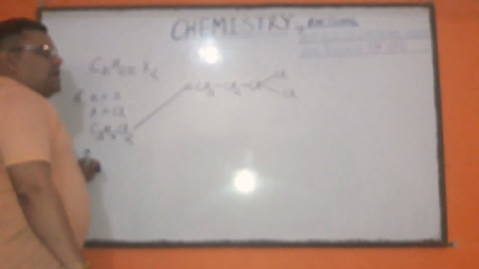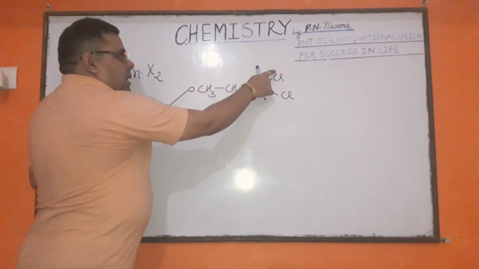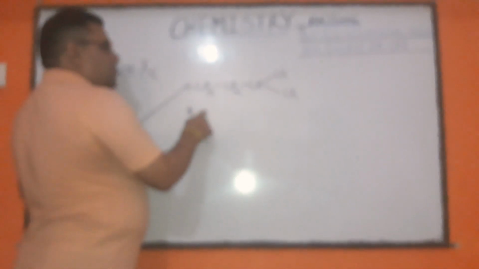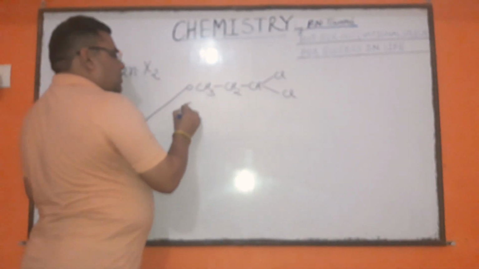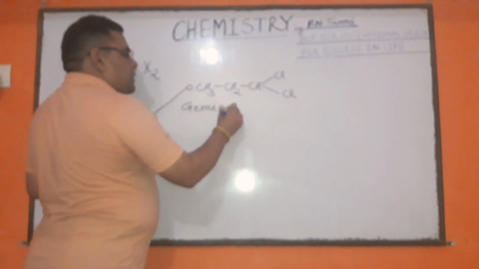In this dihalogen derivative, since both the chlorine atoms are connected with the same carbon atom, therefore such type of dihalogen derivative is called geminal halide.